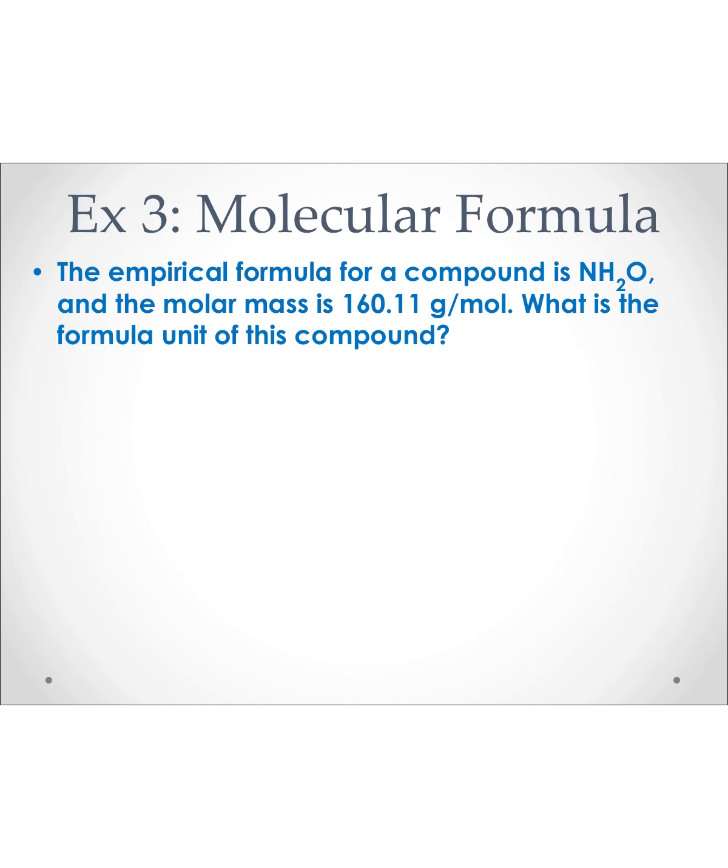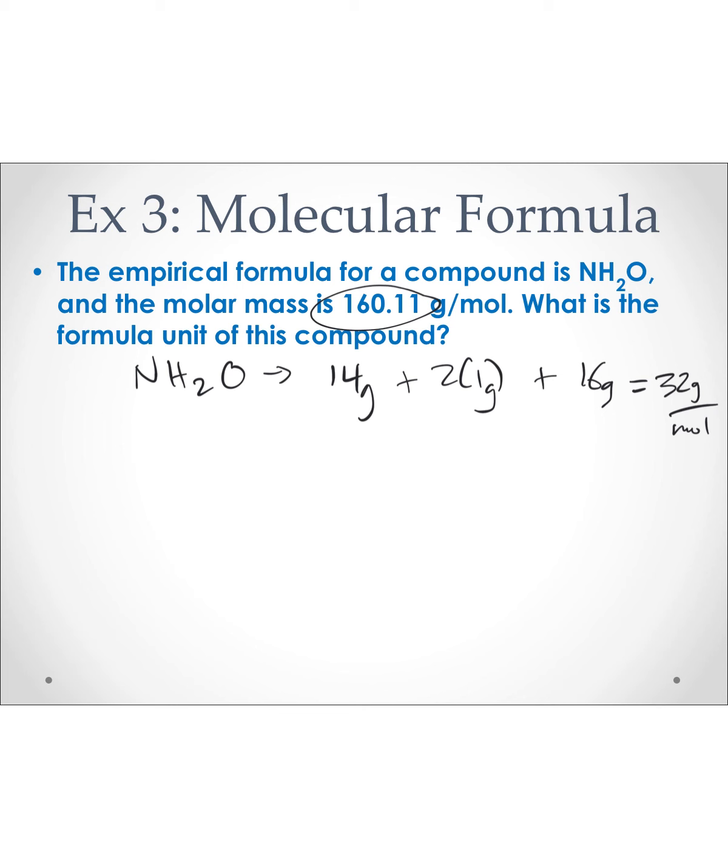Let's do one that's a little bit more complicated. Once again, just follow the procedure. I have to find the mass of NH2O. That leads to 1 N, which is 14. H will be 1, so 2 times 1 is 2. And then O is roughly 16 grams. So if I estimate that roughly, I would get about 32 grams per mole. Now find the multiple. Always take the bigger number given, divided by the calculated number that you have for the empirical formula mass.